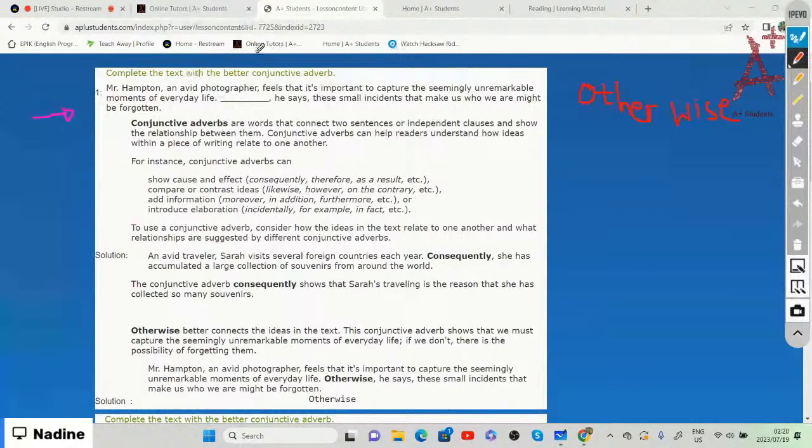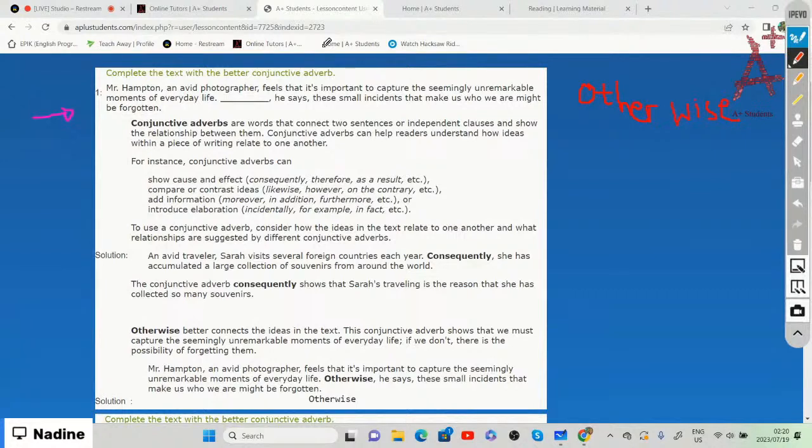capturing every moment, right, in his everyday life. And according to him, if he does not capture these moments, whether remarkable or unremarkable moments in our life, right, these incidents might be forgotten, right?